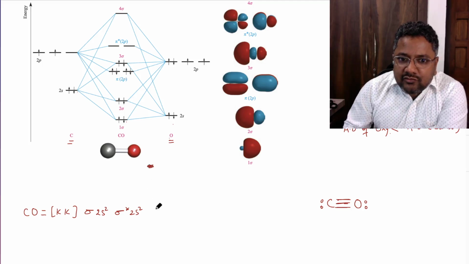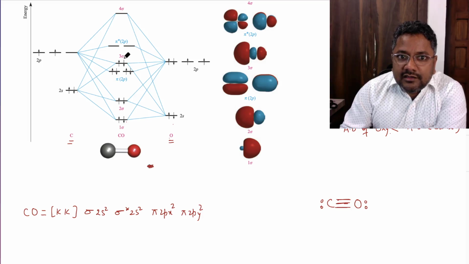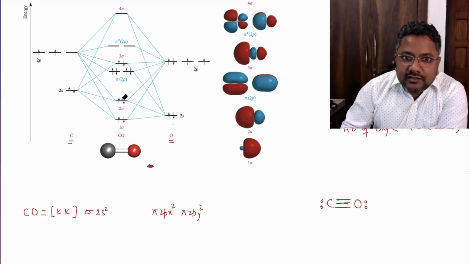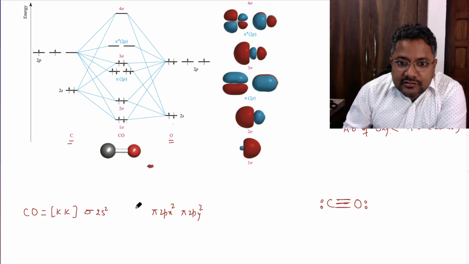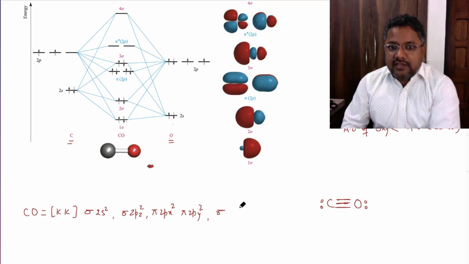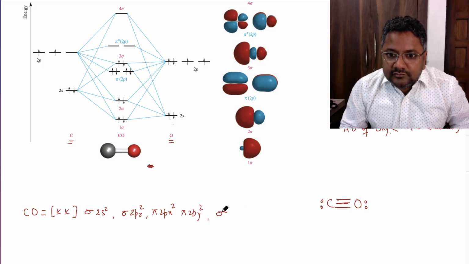Now after that pi 2px2, pi 2py2, and then sigma 2pz2, and here sigma star 2s2.